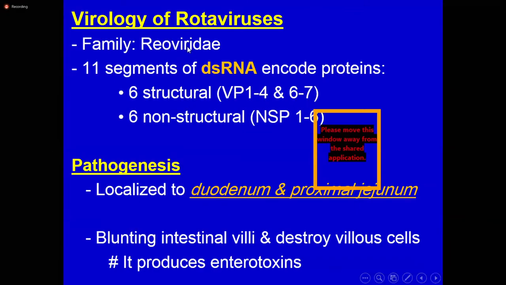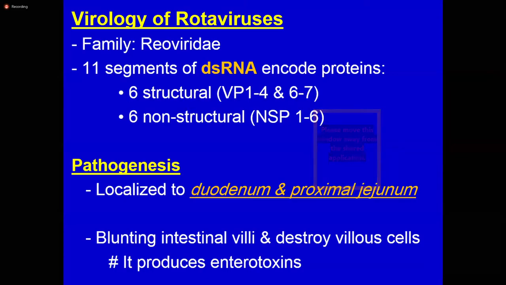Now, virology of rotavirus, the family Reoviridae. حكينا أي كلمة بها viridae, أي suffix viridae, it means family of a virus. Reoviridae. It has 11 segments of double-stranded RNA. The proteins that it has: 6 structural and 6 non-structural.